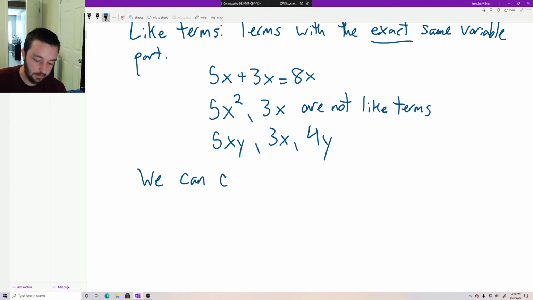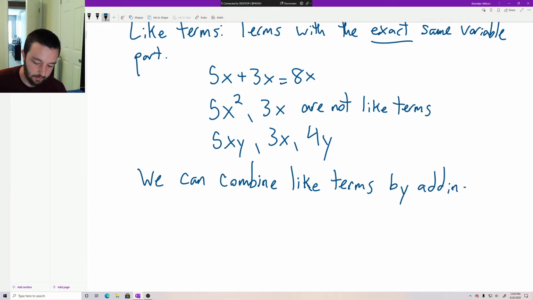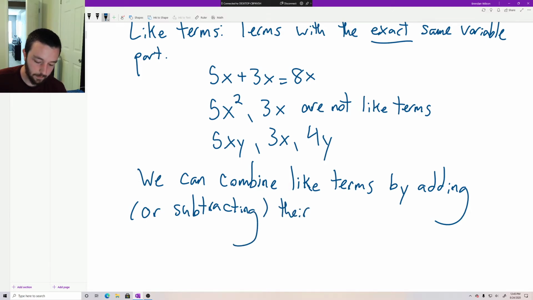We can combine like terms by adding or subtracting, whichever one it says to do, their coefficients.